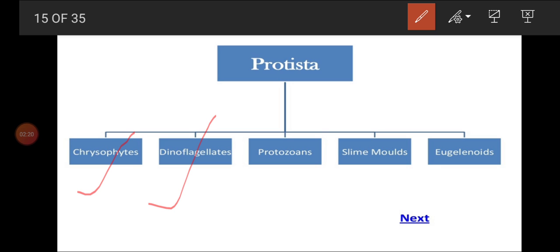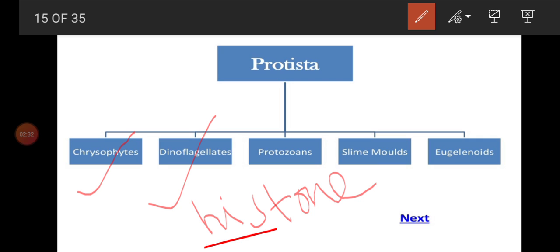Apart from that, there is a very important point to remember: histone protein is not present in the dinoflagellate. Histone protein. So what do we mean by histone protein, children? We have learned about protein in lower classes. Protein gives structure for our body. Carbohydrate gives energy, fat gives more energy, and protein acts as a structural framework for our body.